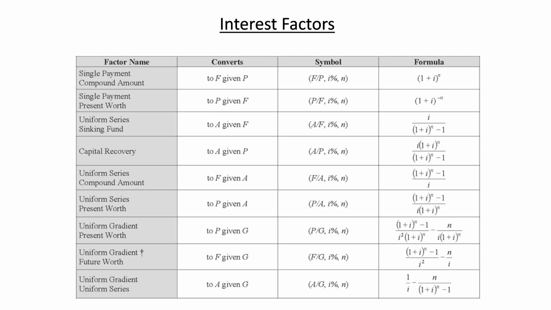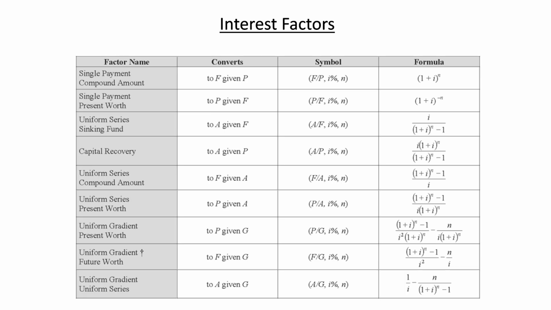So if you're trying to find P given a known A, then you calculate that factor, and if you want to know P, then you'd multiply that factor by the amount of A, the annual series. So you can always use these and be accurate to the nearest penny, because you can keep all the precision in your calculator that you get from those factors.